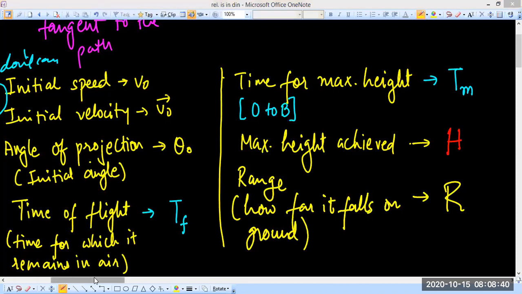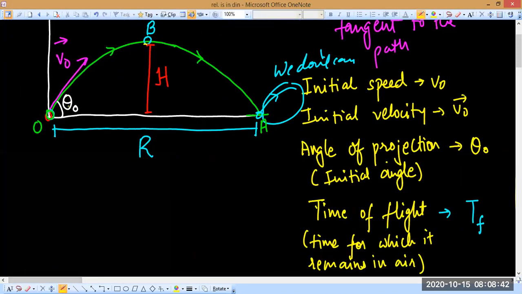But you should understand that you can find displacement from O to even this point, and that is not called range. You can find displacement between any two points, but range is very specific.